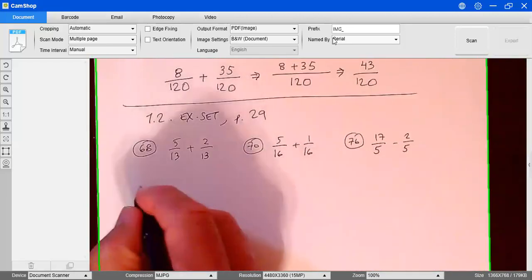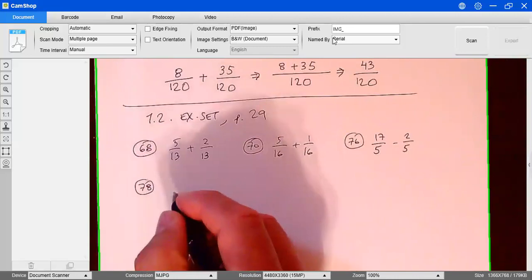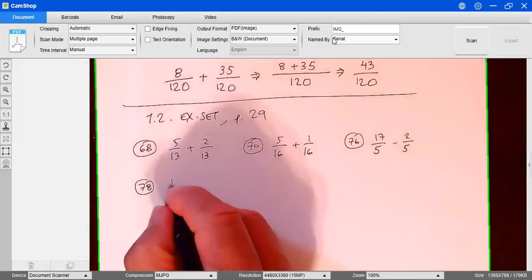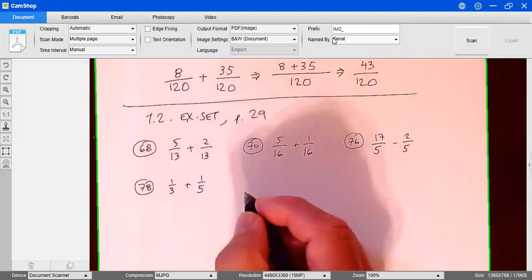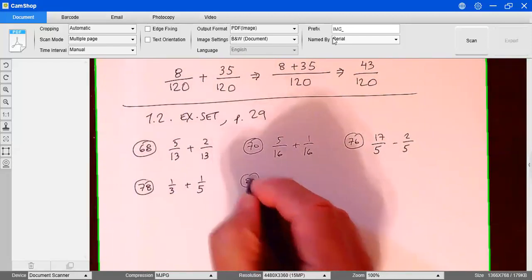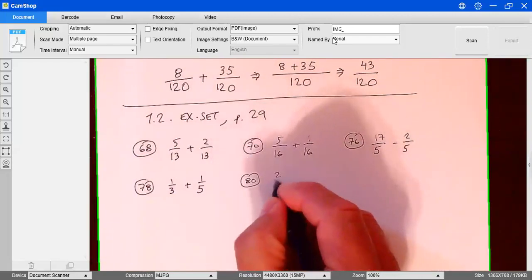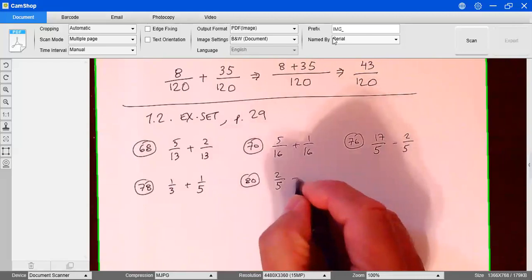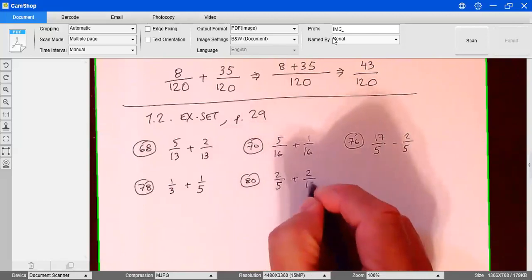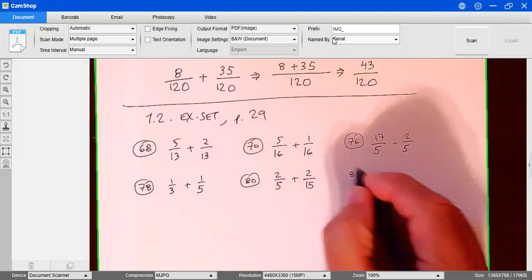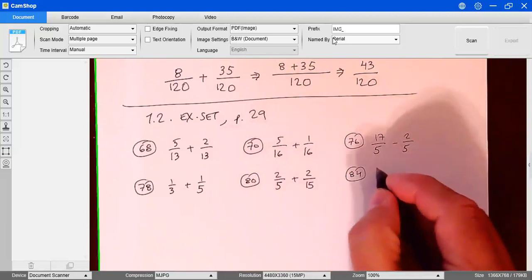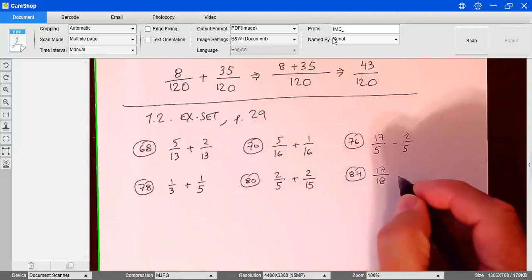And then we're going to start with 78: 1/3 plus 1/5. Then we have 80, which is 2 over 5 plus 2 over 15. Then 84 is 17 over 18 minus 4 over 9.